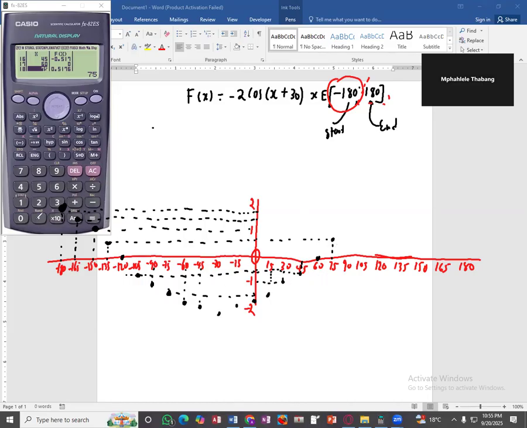And then we go to 90 and 1. It's here. And then you go to 105 and 1.4, somewhere here.